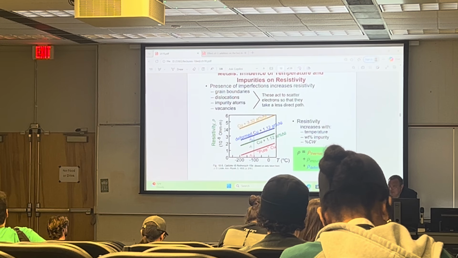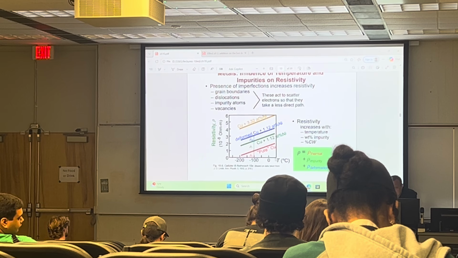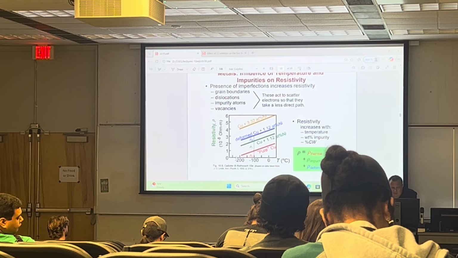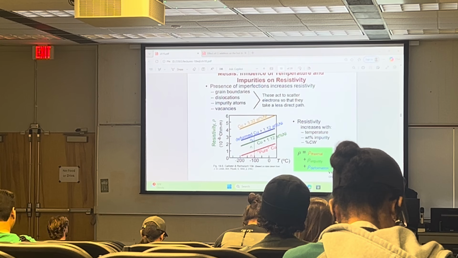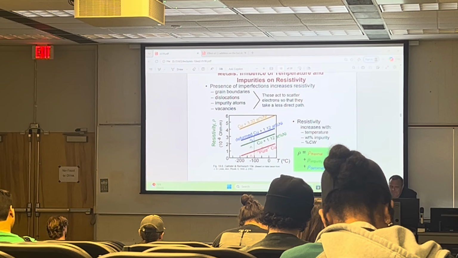This is a plot that shows resistivity versus temperature. And you can see that this is 0, and this is room temperature somewhere, and this is pure copper in 10 to the negative ohms per meter. And this is pure copper.